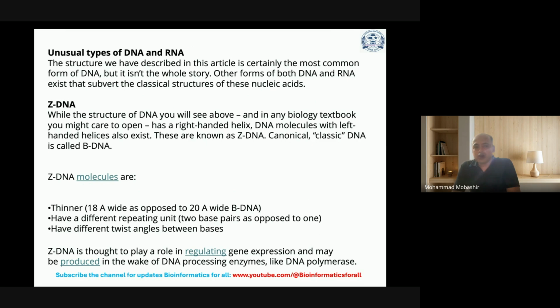Now ZDNA molecules are thinner, 18 angstrom wide as opposed to 20 angstrom wide for BDNA. They have a different repeating unit, two base pairs as opposed to one, and different twist angles between the bases. ZDNA is thought to play a role in regulating gene expression and may be produced in the wake of DNA processing enzymes like DNA polymerase.